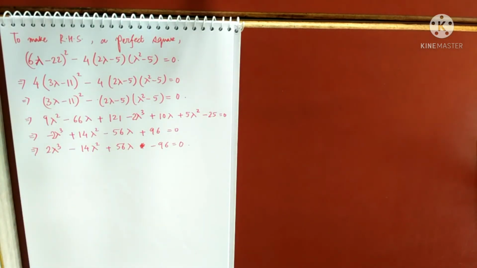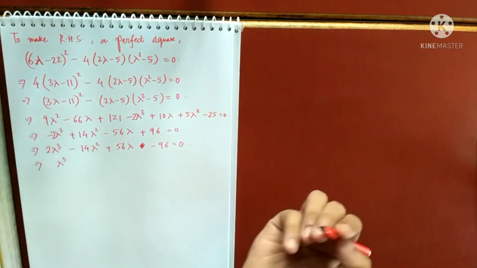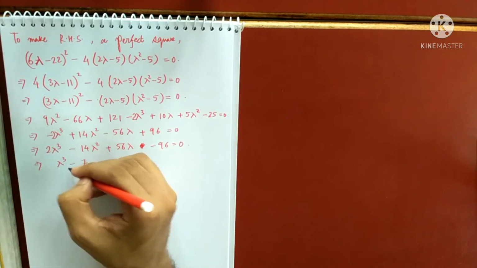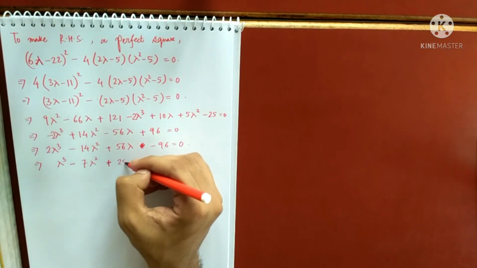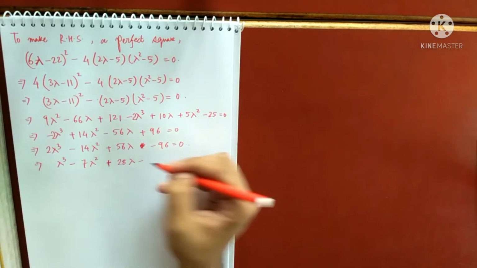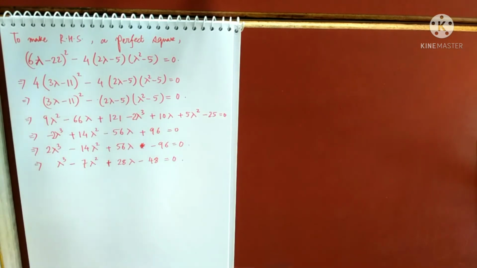You can take this 2 common and simplify this. So this will become lambda cube minus 7 lambda square plus 28 lambda minus 48 equals to 0.